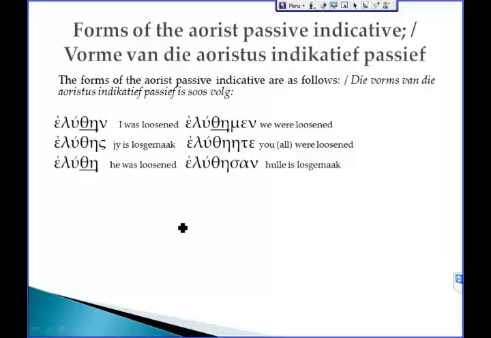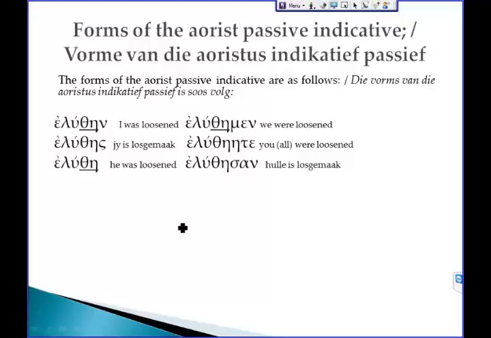They look like they are inverse. Most of the time, you will start with eluthe, eluthes, and then the n, just like in your present indicative active, luo, lueis, and then luei. You remember that. The n ending, most of the time, is your third person singular.